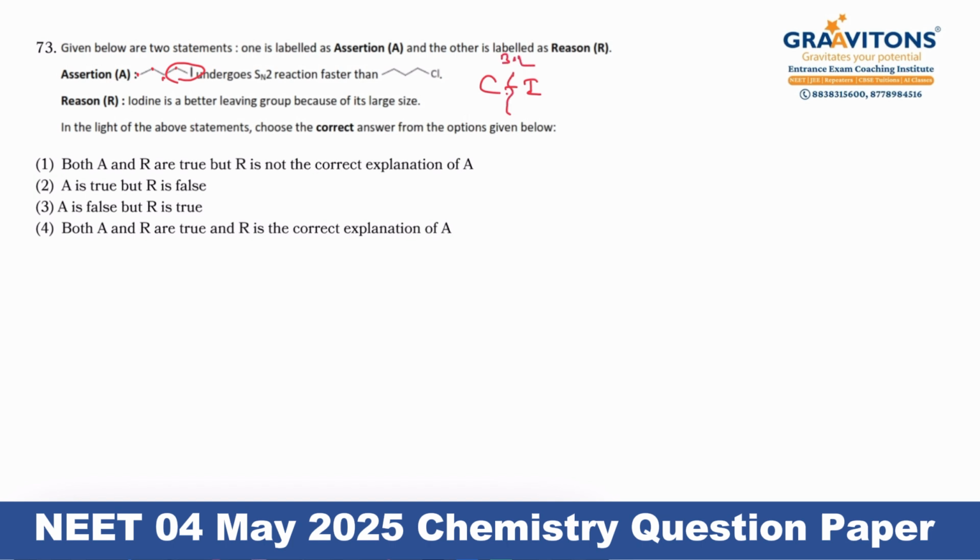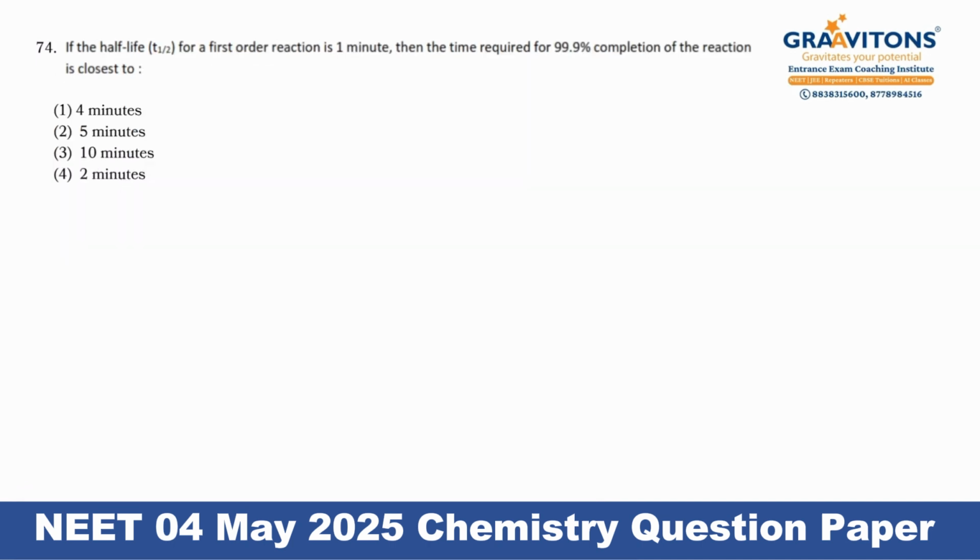When you go for bond length, C-I will be greater than C-Br, than C-Cl, than C-F. So the bond easily breaks between carbon and iodine, and it undergoes nucleophilic substitution much faster than the chloro compounds. So both A and R are true, and R is the correct explanation of A.